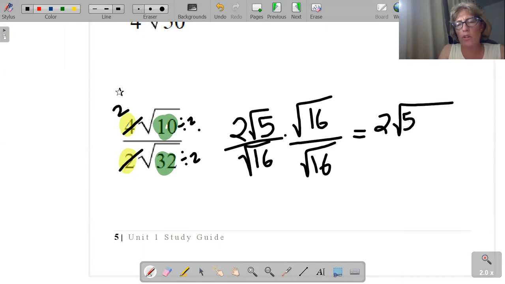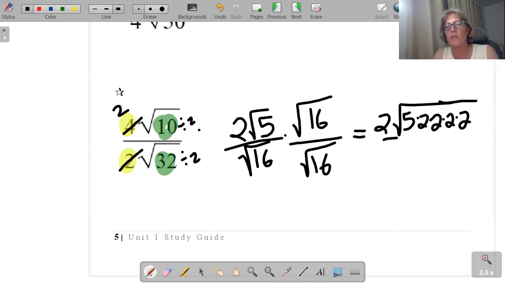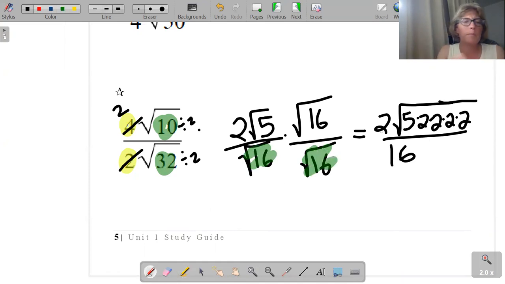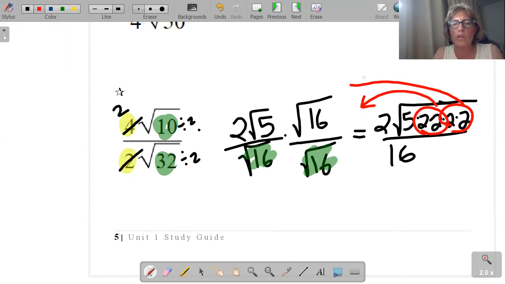I'm going to prime factor 5. Times 2 is 4, times 2 again is 8, times 2 again is 16. That's called prime factoring. Root 16 times root 16 is just 16. Now you take out the dates, which is a pair of 2's and another pair of 2's.